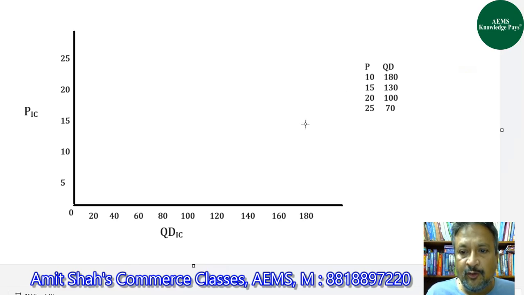So at price 10 and quantity demanded 180, we will have a point somewhere here. At price 15 and quantity demanded 130, the point will be somewhere here.